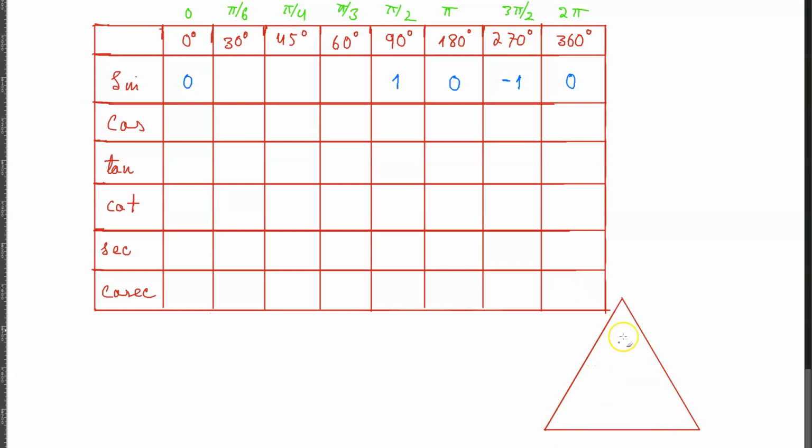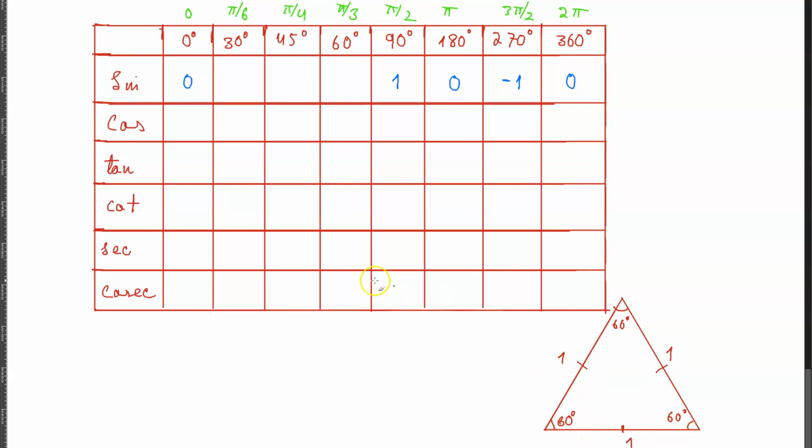It doesn't look right to me, but let's assume that this is 60 degrees and 60 degrees here. And since it's an equilateral triangle, all of these sides have the same length. For the sake of simplicity, I'm going to set the side length of the triangle as 1 unit. So if this is 1 unit, then this becomes 1 unit, and this side down here becomes 1 unit as well.